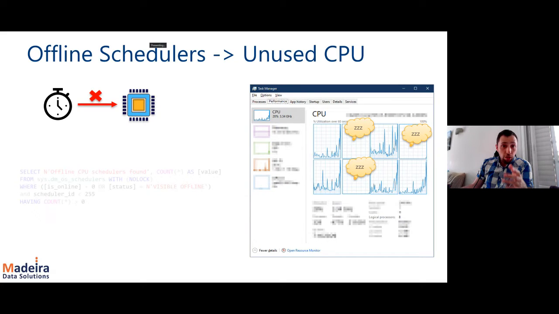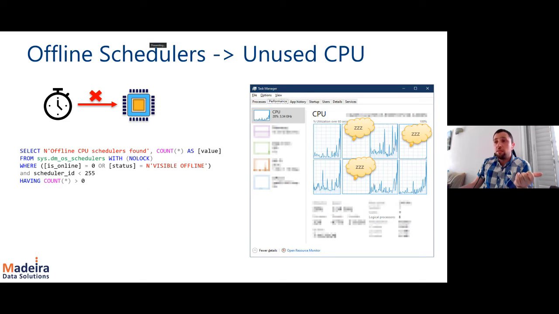There is a way to detect that situation by querying from the DMV that I mentioned, sys.dm_os_schedulers. And over there we have columns where if we filter by whether is_online is 0 or the status is VISIBLE OFFLINE, that will give us a list of all the CPU schedulers whose CPU core is unusable.